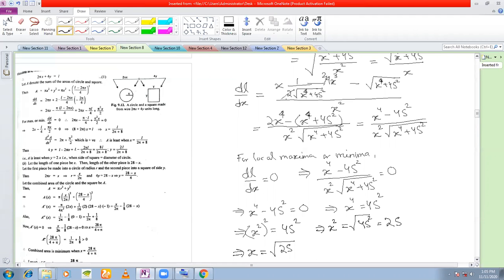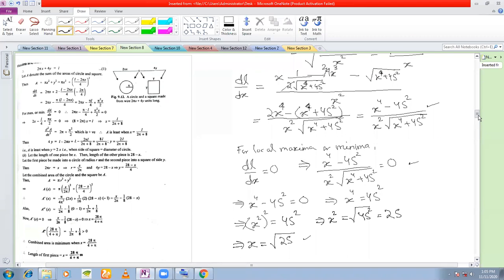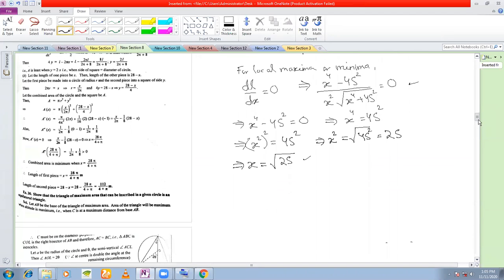Okay, so dl dx you have got this, we equated this to 0, and x is equal to root over of 2s. Either we have a maxima or a minima. Now how will you check whether it is a maxima or minima? We'll find out the second derivative. So we start from dl dx.